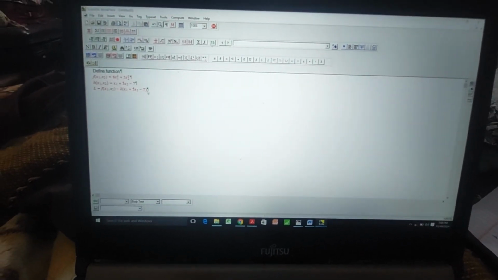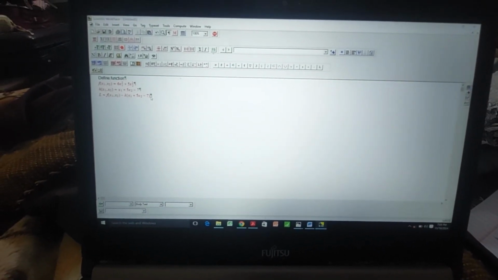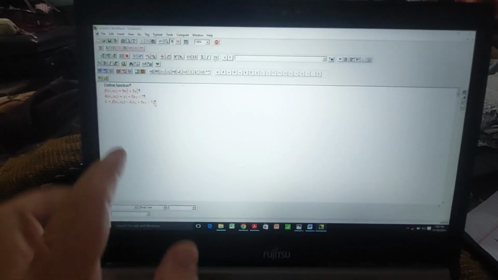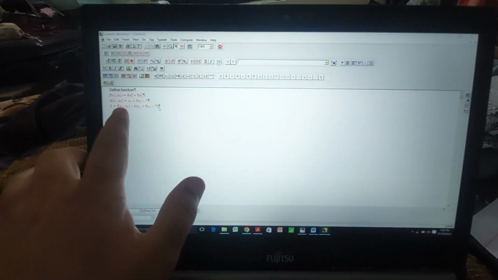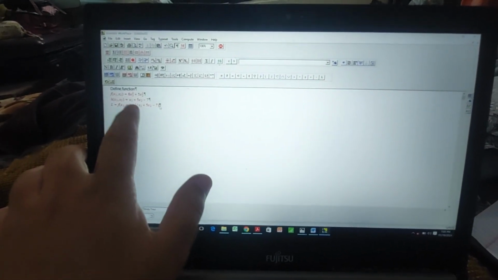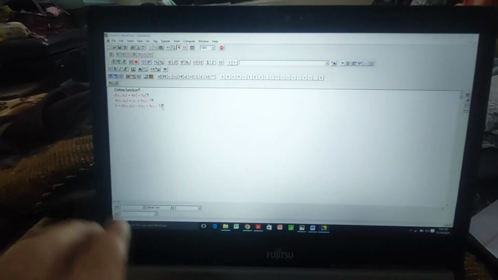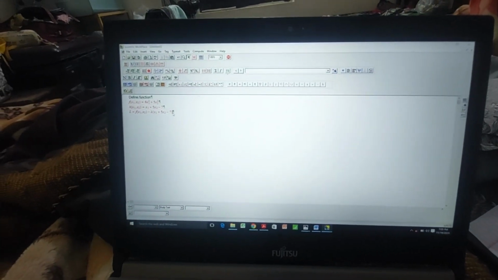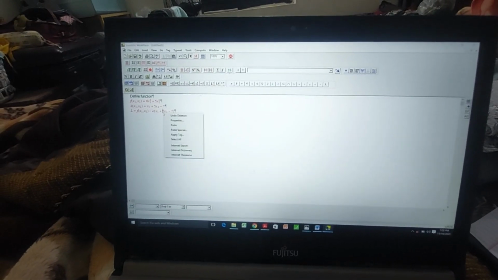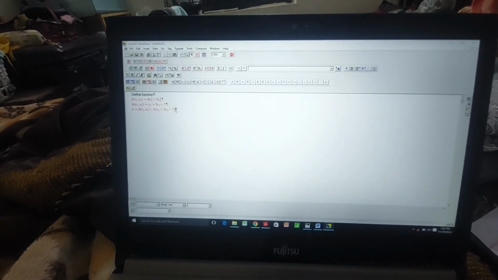I can also write it as L is equal to f of x1 x2 minus lambda into h of x1 x2. Let's write it that way, and then solve the problem.